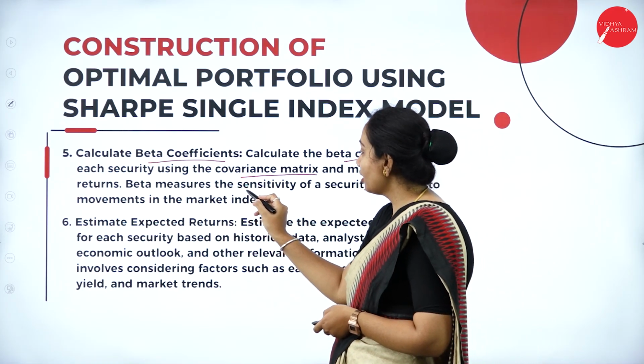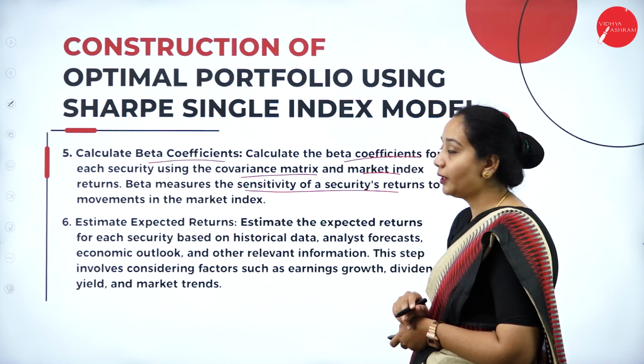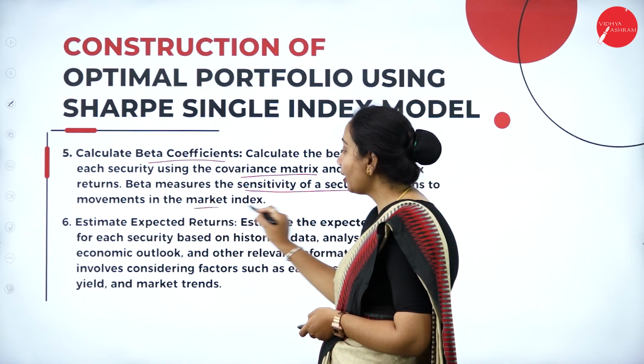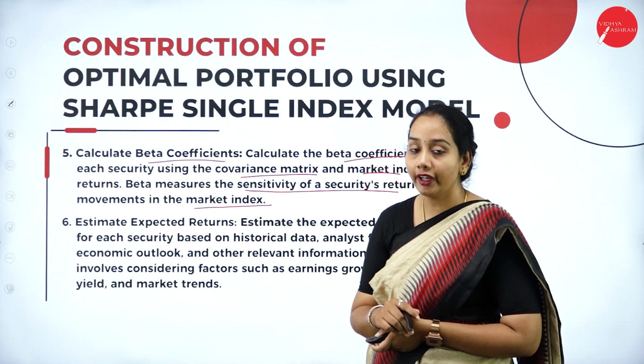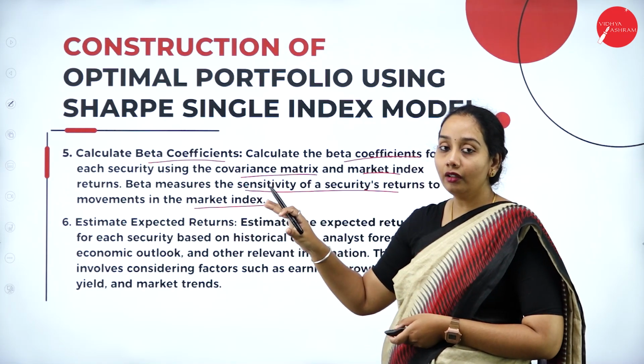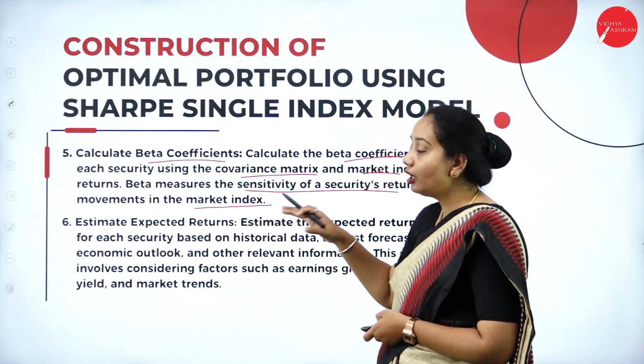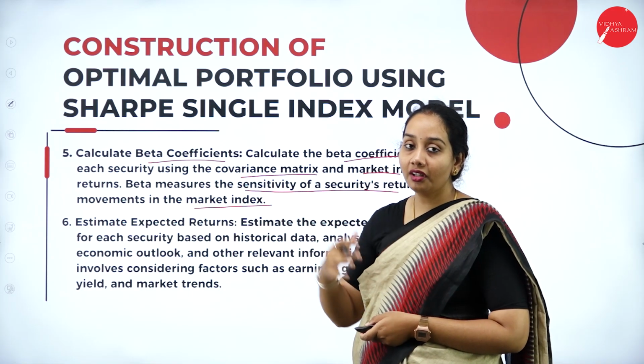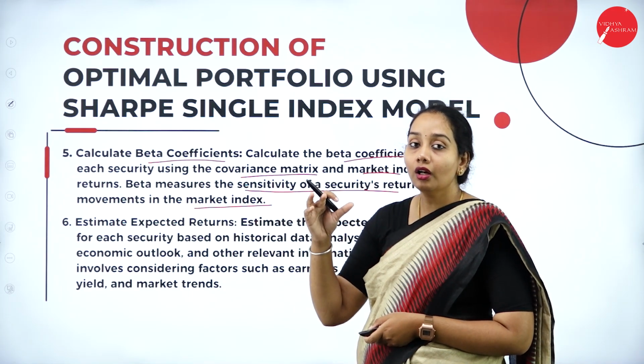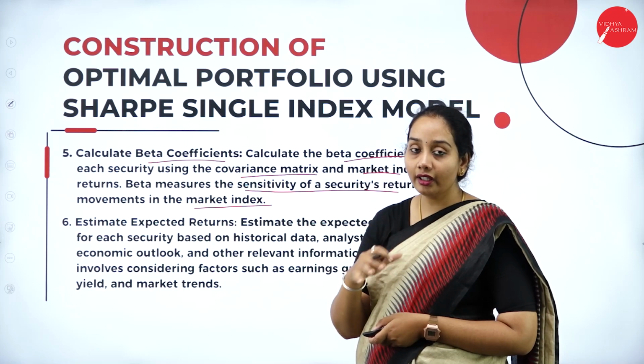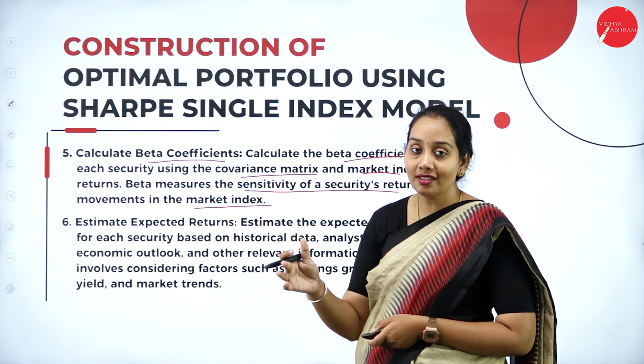Based on that, the sensitivity of security returns is analyzed and movements of the market index are identified. So based on the beta and alpha calculations, you can analyze the market movements, and also the price movements of the stocks in an industry, or in the case of securities or businesses.